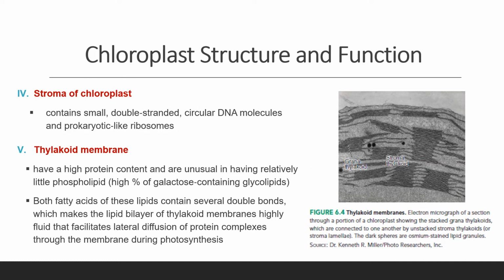Next, let's move on to the stroma of the chloroplast. The stroma contains small double-stranded circular DNA and prokaryotic-like ribosomes. This is where they store their genetic information, which is similar to the matrix of your mitochondria.